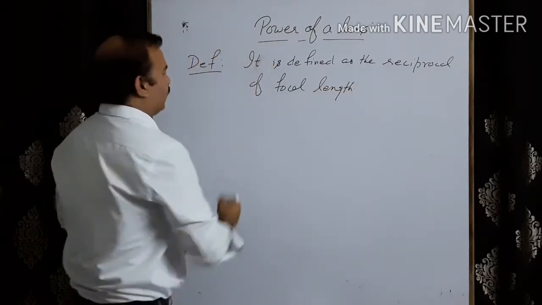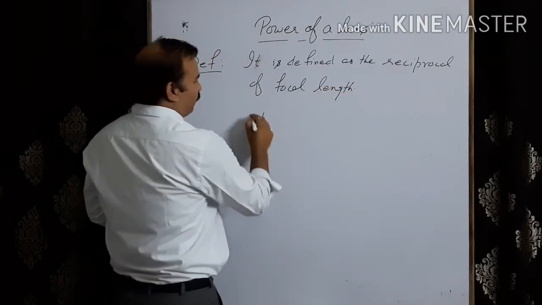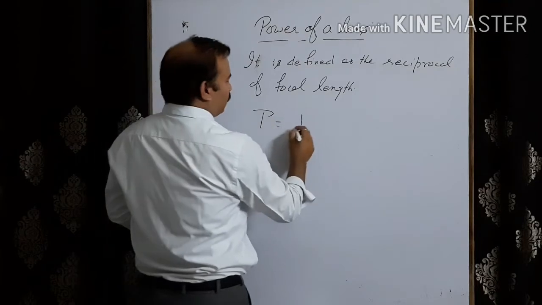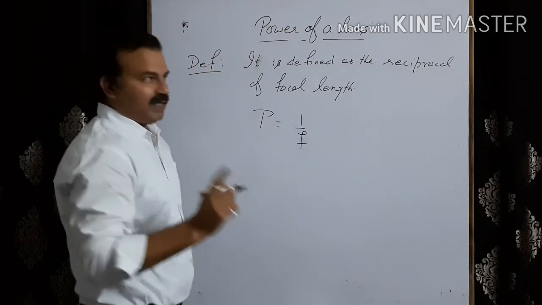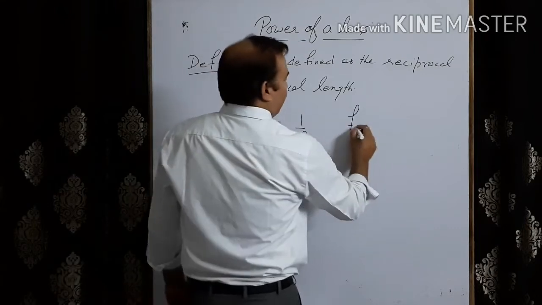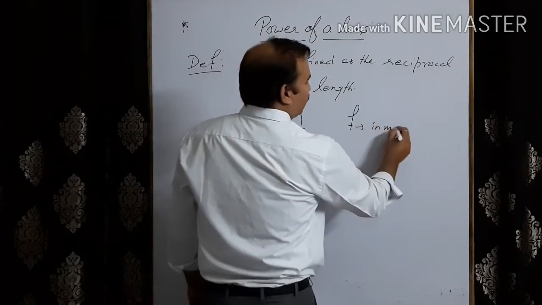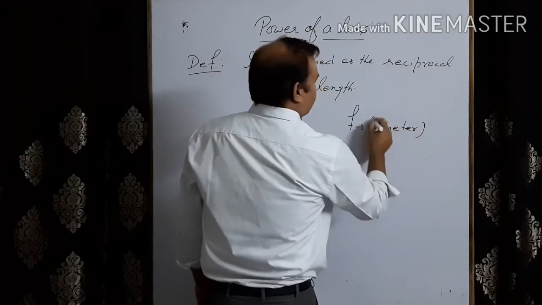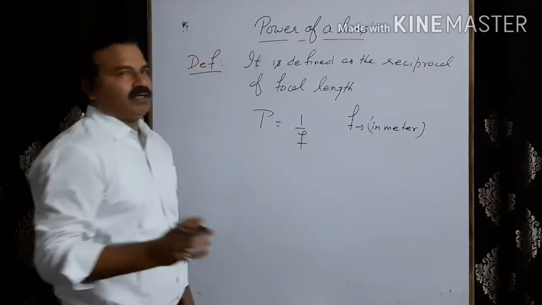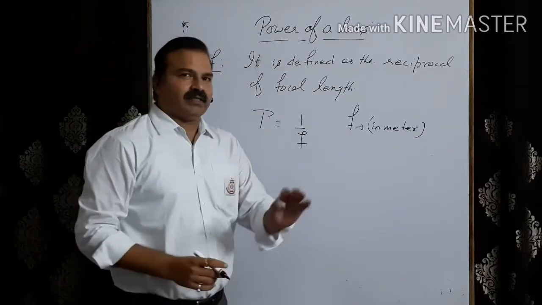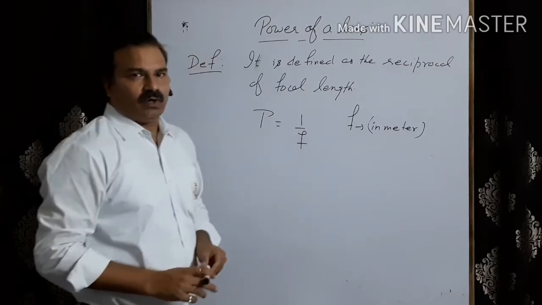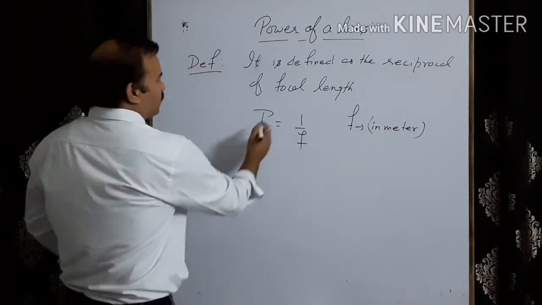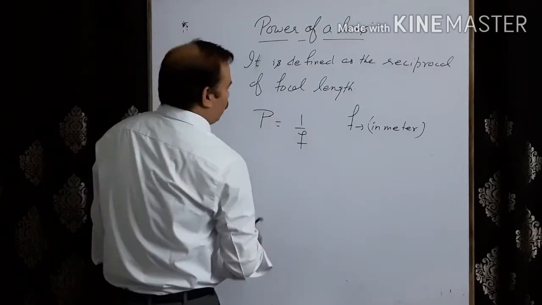In terms of the formula, power P is equal to 1 upon F. What is F? That is the focal length. Please remember, F should be in meter. Many times in numericals, F is given in centimeter, and students do not convert, so their answer comes wrong. So power is equal to the reciprocal of the focal length.